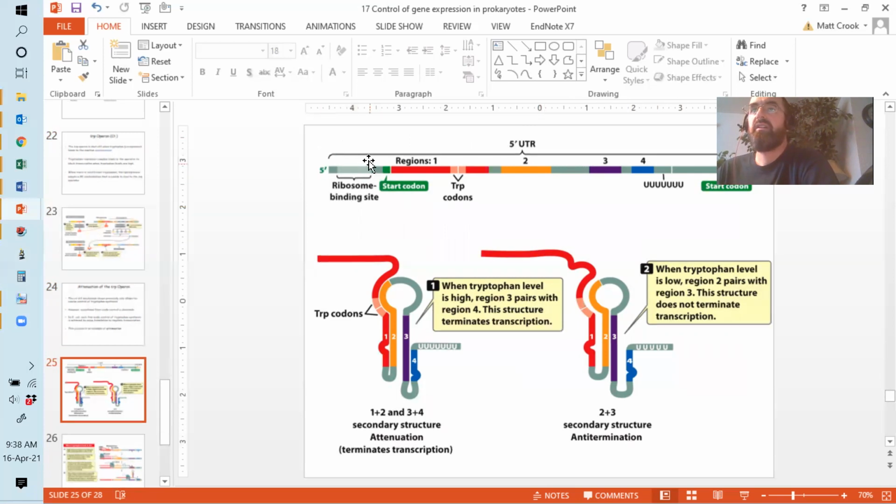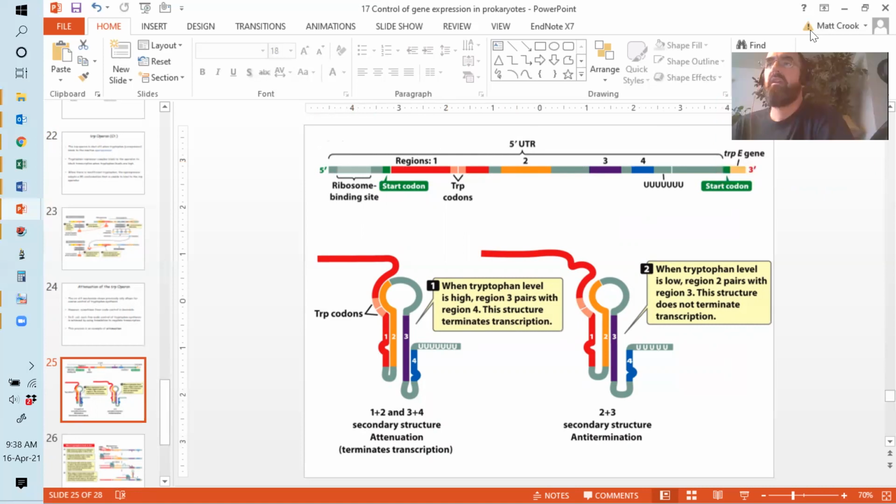Okay, so this is like, well, it's not really a 5' UTR because it is translated partially. But we have this, let's move this out of the way so I can see what I'm talking about. So this is the start of the TRPE gene here, and this whole thing here is what's called the leader sequence.